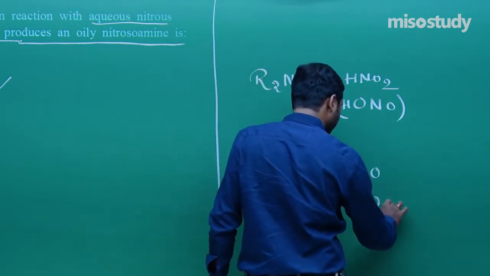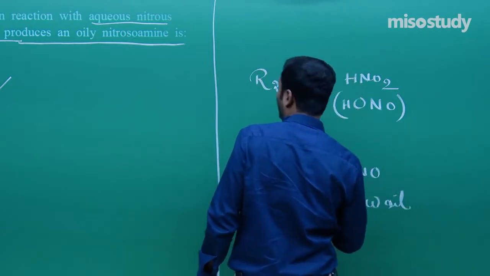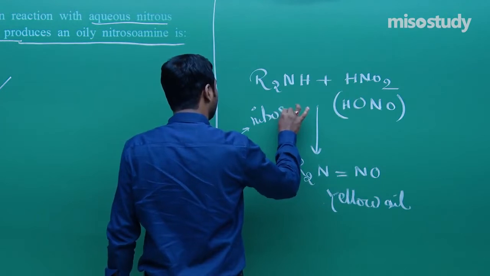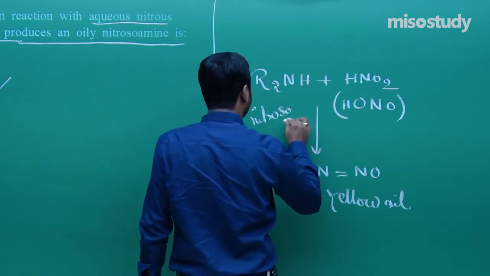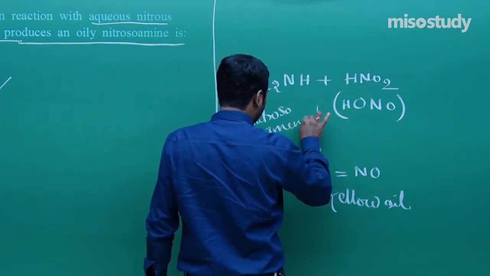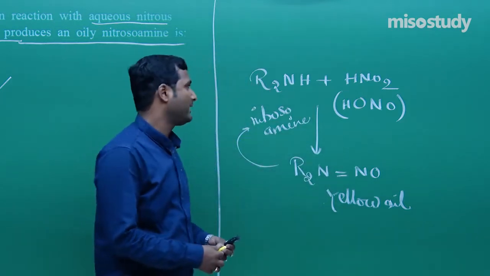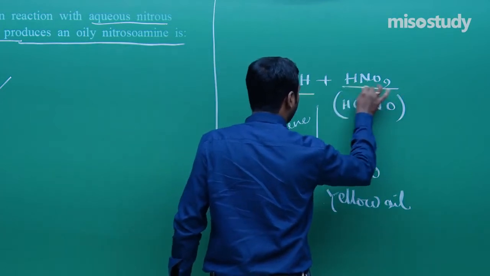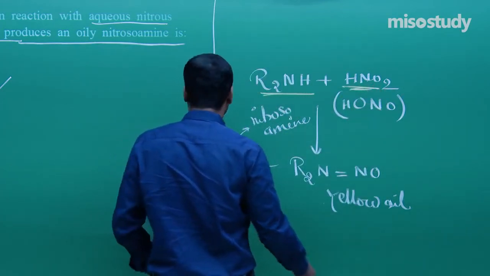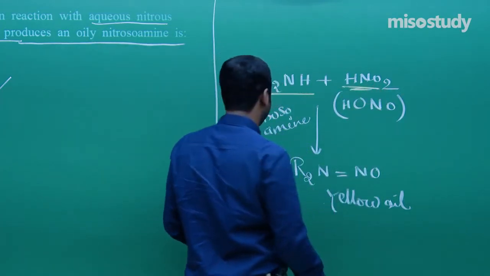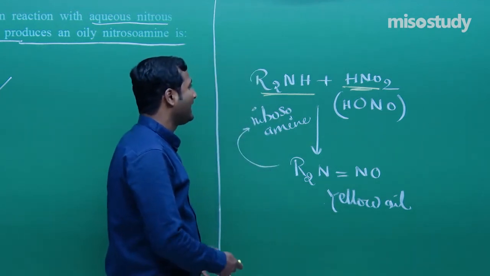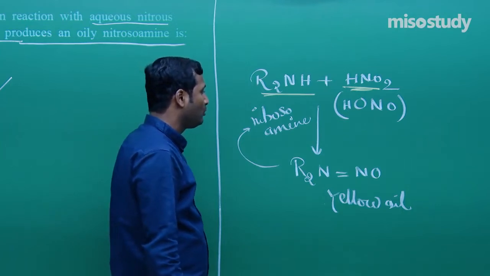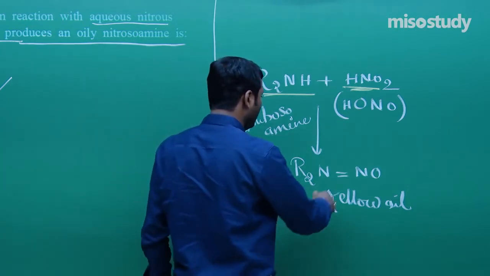This one is a nitrosoamine, that is R2NH plus HNO2 gives you a yellow oil, and this is known as nitrosoamine. Clear? If you have any doubt, you can easily approach me.